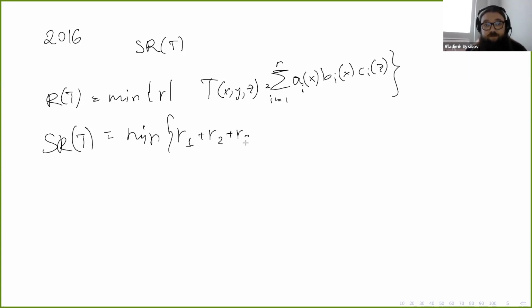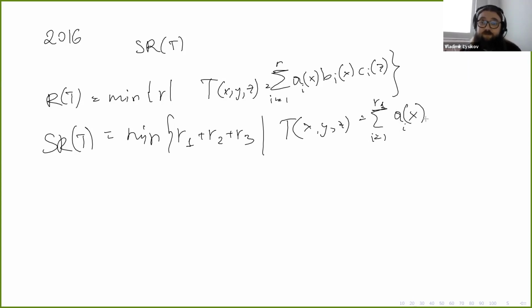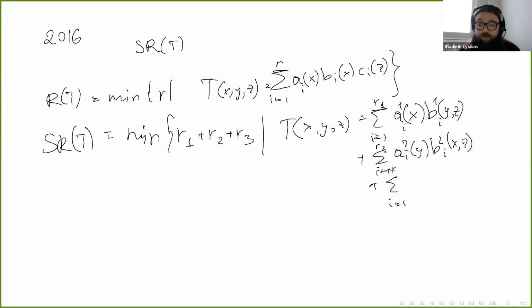We have also some elementary summands, which now can take the following form. Either we have A of X times B of YZ, or A of Y times B of XZ, or A of Z times B of XY.